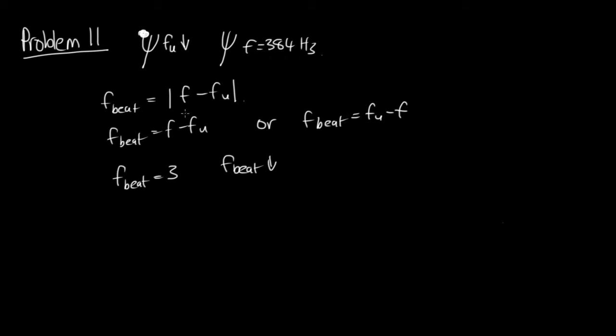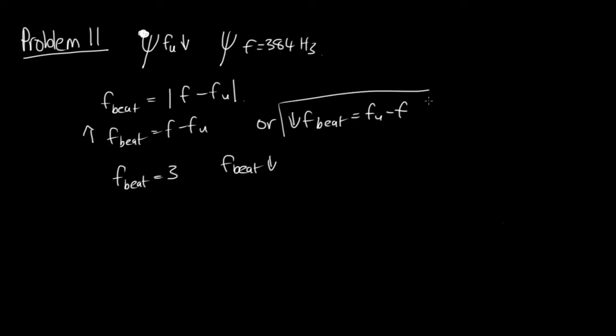We can see in this one, if FU gets smaller, then we're subtracting a smaller number, and so the beat frequency is actually going to increase. In this case, where FU is bigger than the frequency F here, then if FU gets smaller, F beat is also going to get smaller.